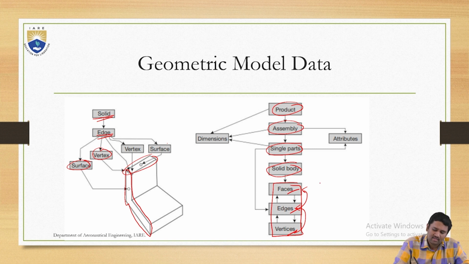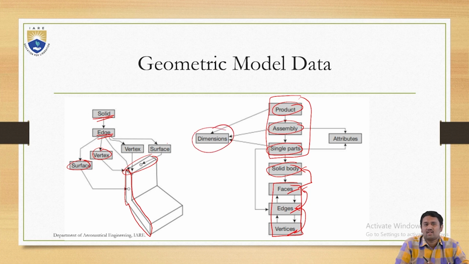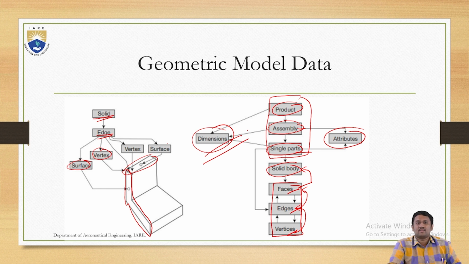Based on your faces you will be creating a complete solid body. Now all these first three, which are product, assembly and single part, are in conjunction with the dimensions of a particular body. Whereas for attributes, according to a single part or an assembly, these are getting attributed. Now this will be the data that you are supposed to have while creating a geometric model.